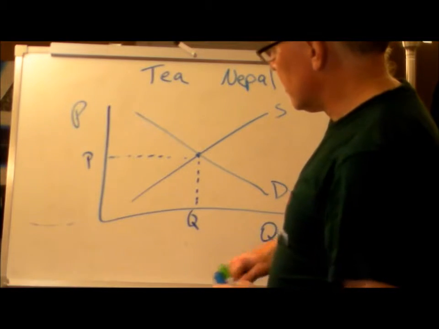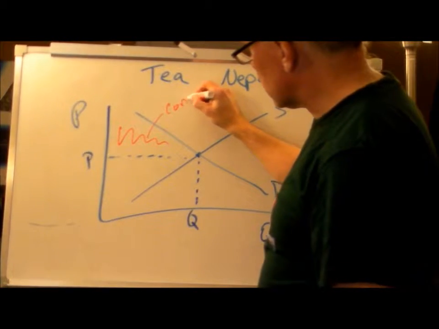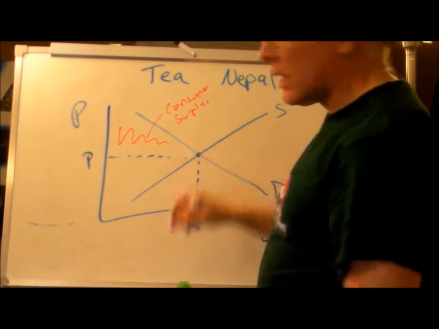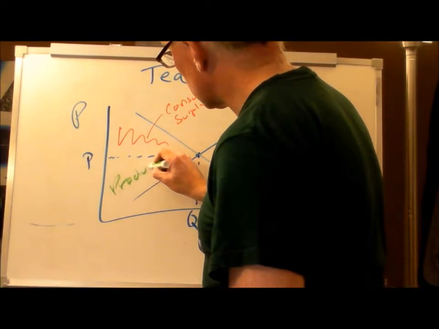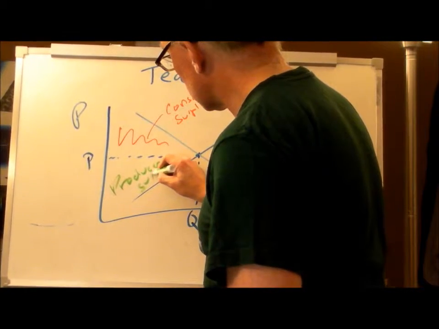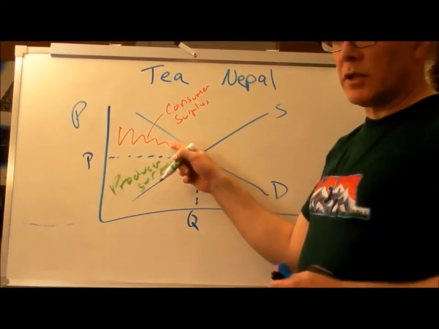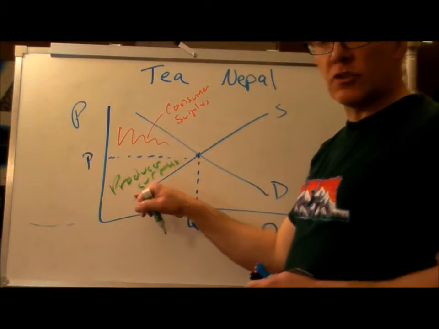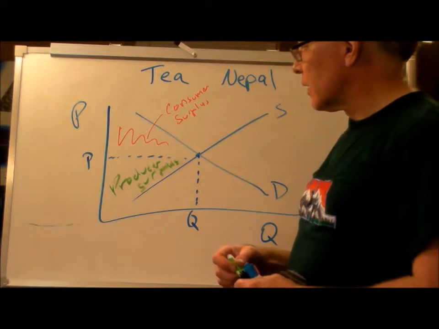This area here would be the consumer surplus, and this would be the producer surplus. So the consumer surplus is above the price, below the demand curve, and the producer surplus is below the price, above the supply curve.